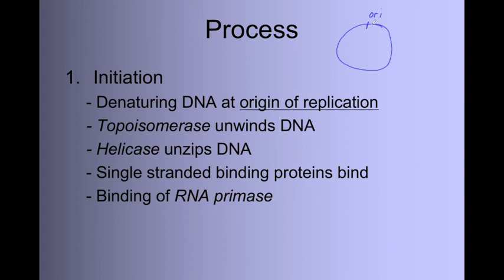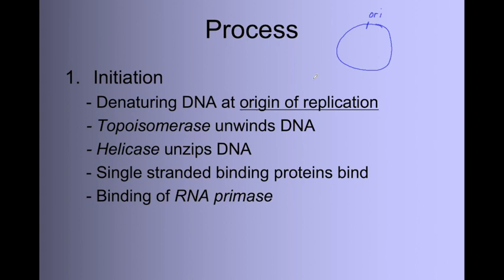So in order for replication to occur, in order for these strands to open, unwinding needs to occur. Imagine you separate a rope by its strands, and a rope is very tightly wound too, right? It's helical.